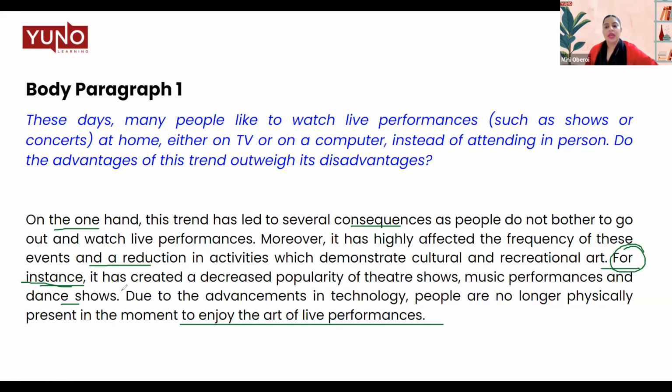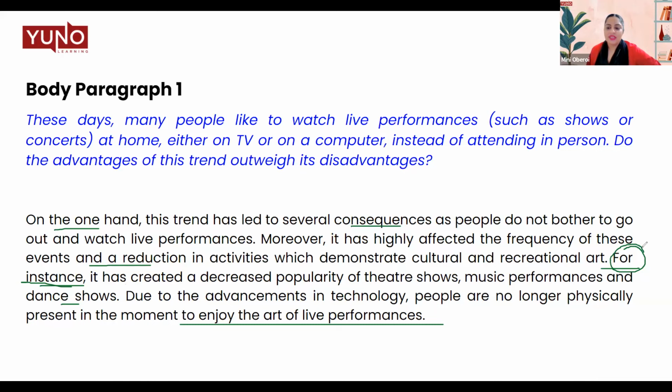I'm not going to say that, for instance, earlier my parents used to go and watch live performances of dance at a theater, but now nobody goes there, and I have seen people suffering at large who are not able to earn much, right? So I will not use I have seen this, I can see people do this. No, the example has to be generalized, right?